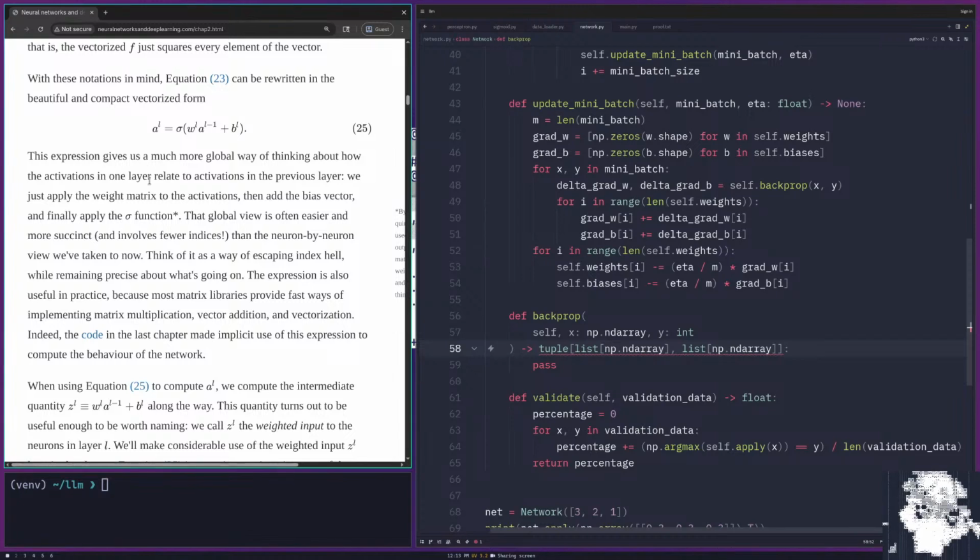This expression gives us a much more global way of thinking about how the activations in one layer relate to the activations in the previous layer. We just apply the weight matrix to the activations, then add the bias vector, and finally apply the sigmoid function.